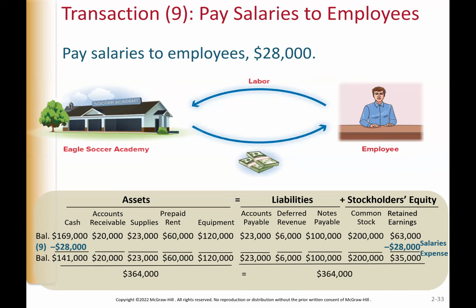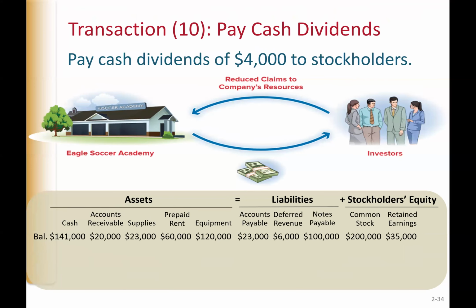At the end, our assets go down, our stockholders' equity section goes down. Do we still balance? Do we still balance, guys? We still balance, don't we? Our assets are $364,000. Our liabilities plus our stockholders' equity are also $364,000.